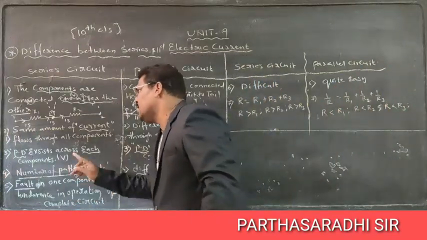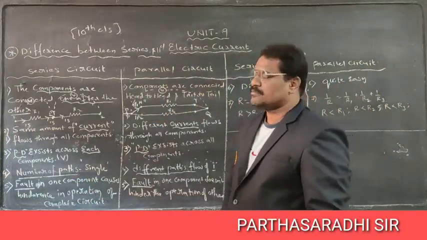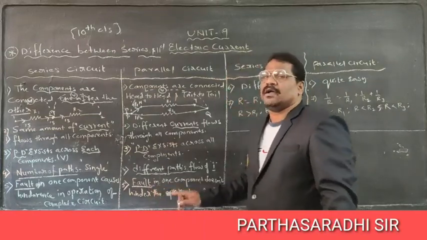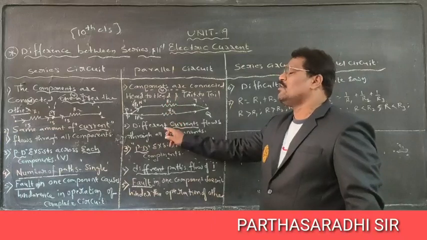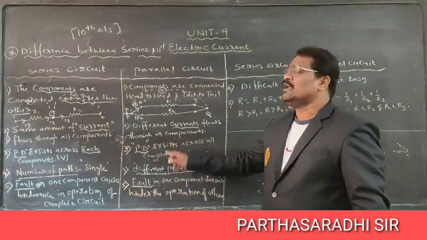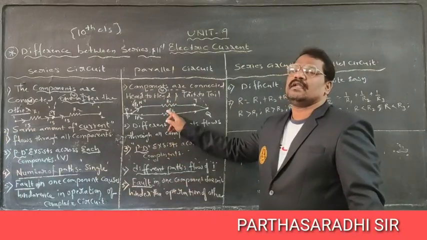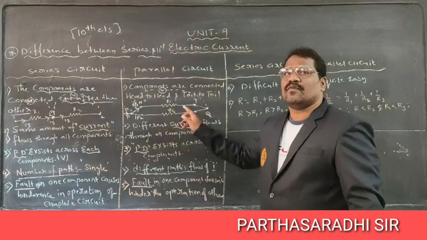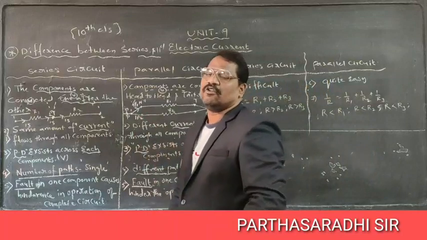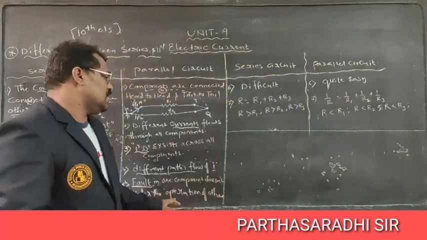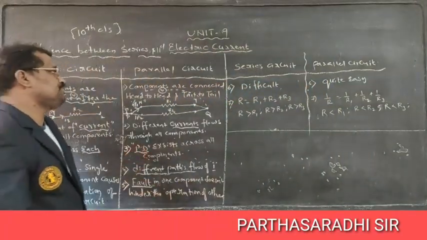That is within a series connection. Coming to parallel connection, if one is short circuited, it won't affect the flow of current. It doesn't interfere with any other component, and all the remaining components will allow current to flow. That is regarding fault measurement.